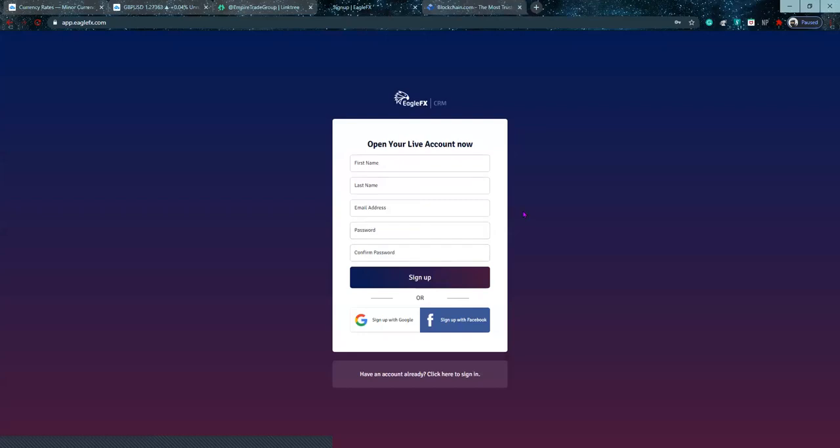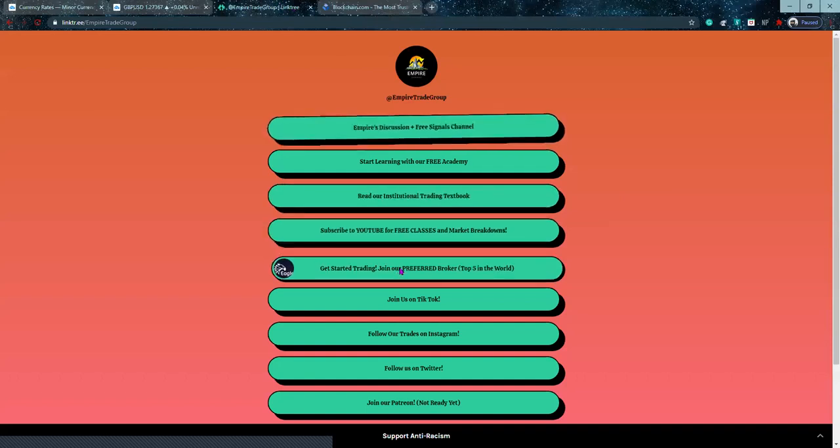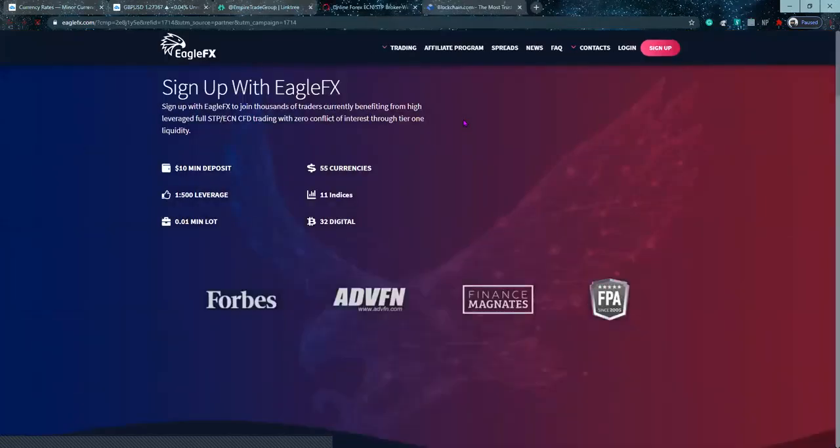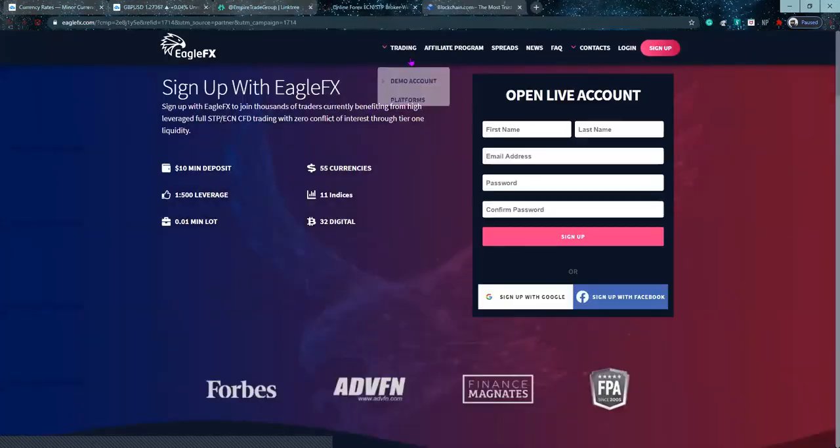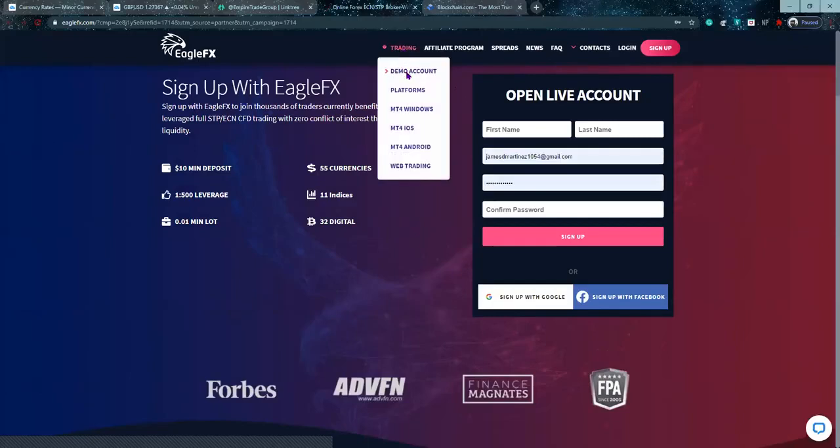And then from there, once you log in to your broker on your MetaTrader 4 app, you will be good to go, and it'll have the money inside of your account ready for you to trade. Now, a cool thing about Eagle FX, and this isn't unique to Eagle, this happens on almost every single broker, is that you can open a demo account.